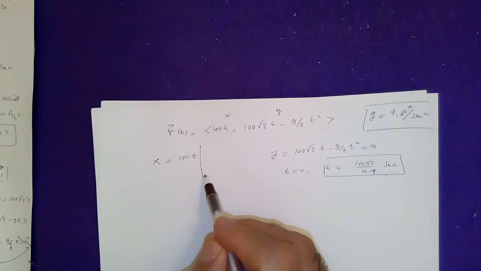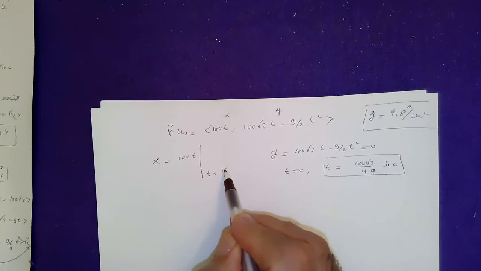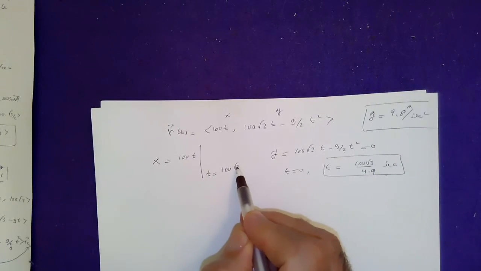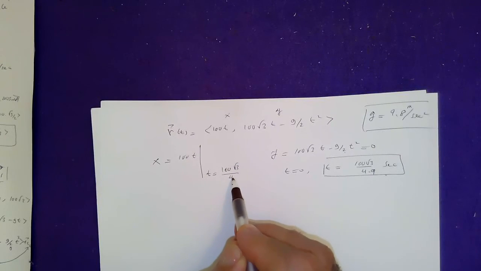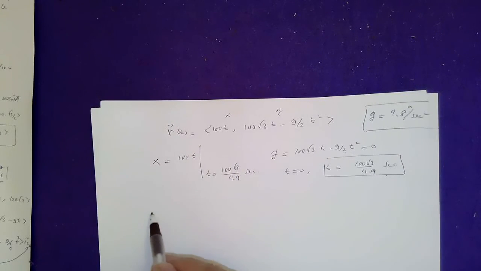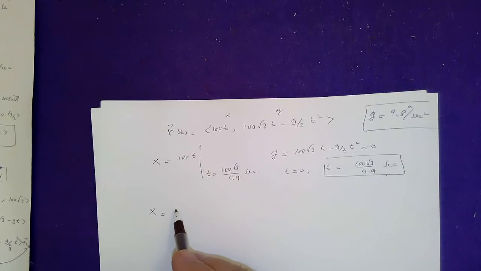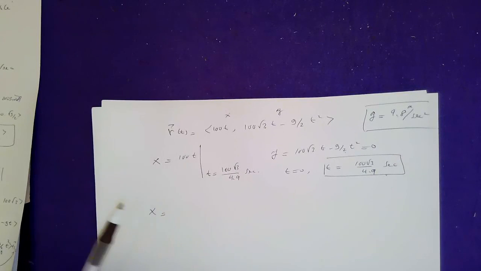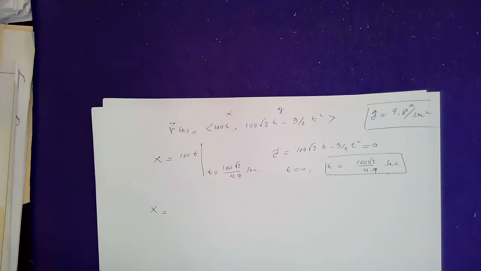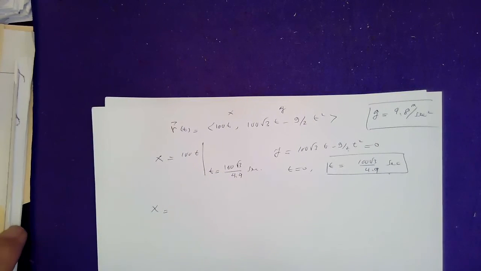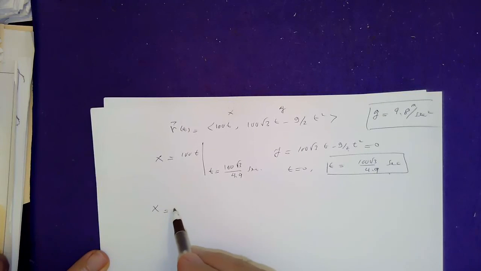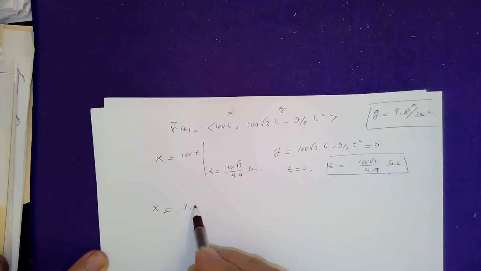So I'm going to go to the x component and replace the t with 100√3 over 4.9 seconds. When you do, you get what? Let's see, roughly 3,535 meters.